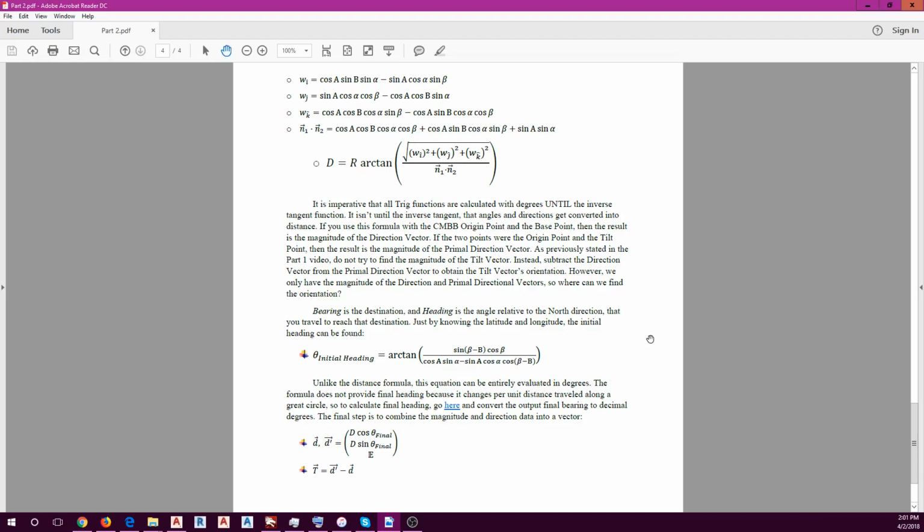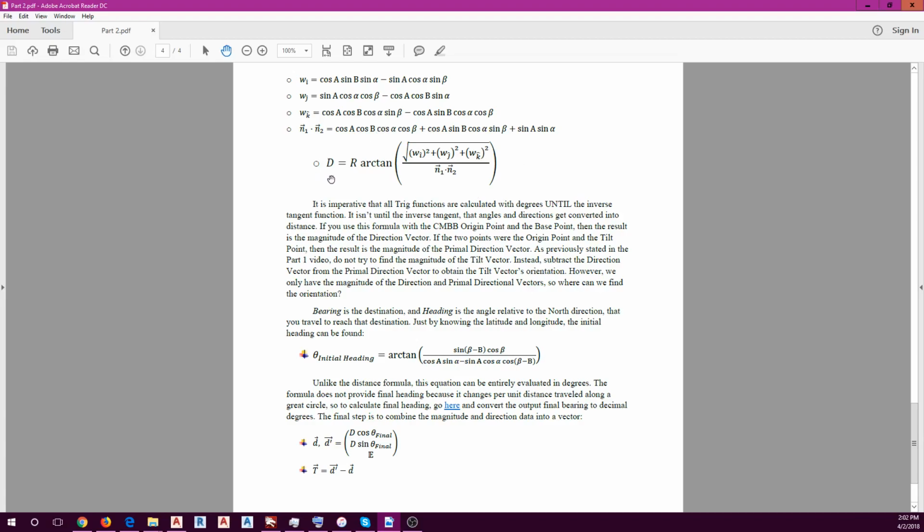And so theta actually changes while you're traveling the Earth. So the initial heading is what I would like you to calculate in order to be familiar with this. But what I want you to provide as part of your answer, so when you give me a vector, you're going to give me the magnitude of that vector, which is this formula.